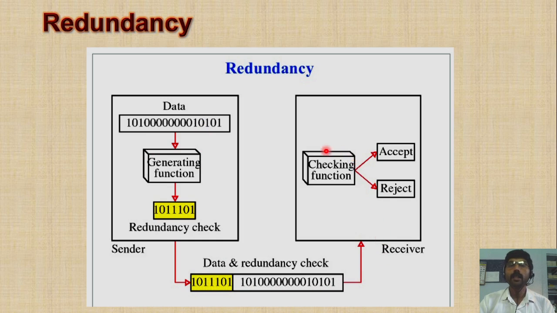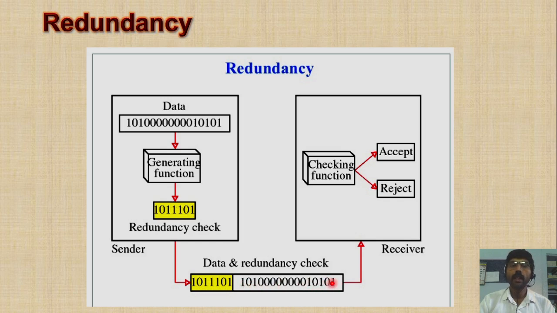At the destination, he is also using a checking function. In the checking function, he has the same program. It will calculate the redundant bits on the same data received from the sender.